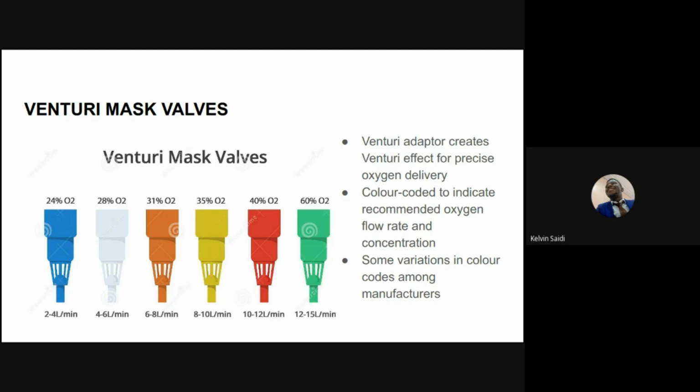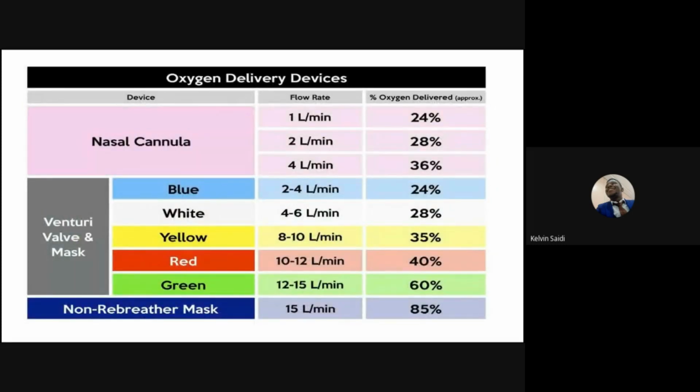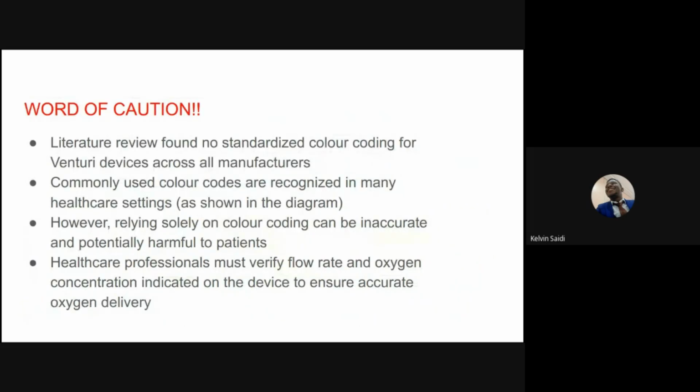But upon conducting research, it has been found out that the color coding has not been standardized across all manufacturers. So therefore, there may be variations in the colors used to indicate the flow rate or FiO2 delivered. However, there are some commonly used color codes, as we saw earlier, that are widely recognized and used in many healthcare settings.